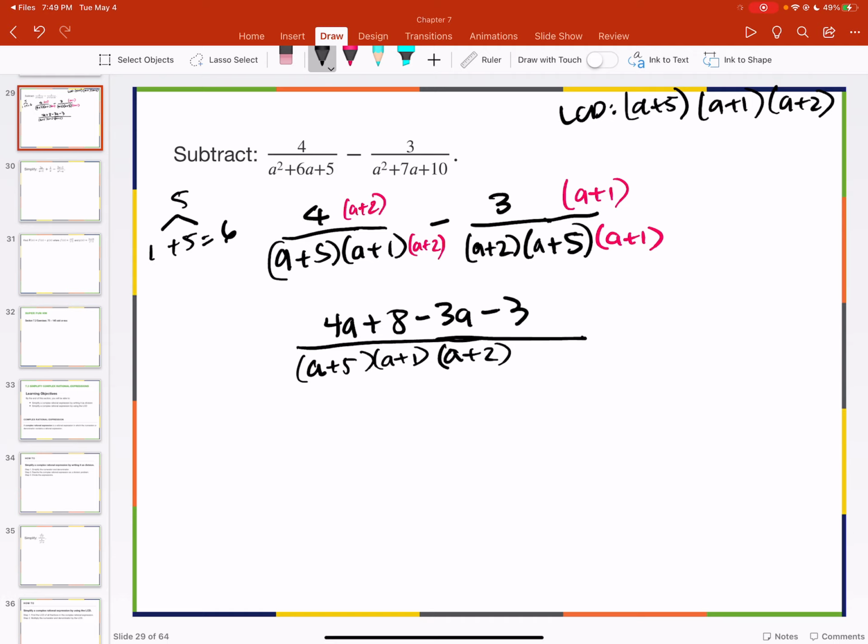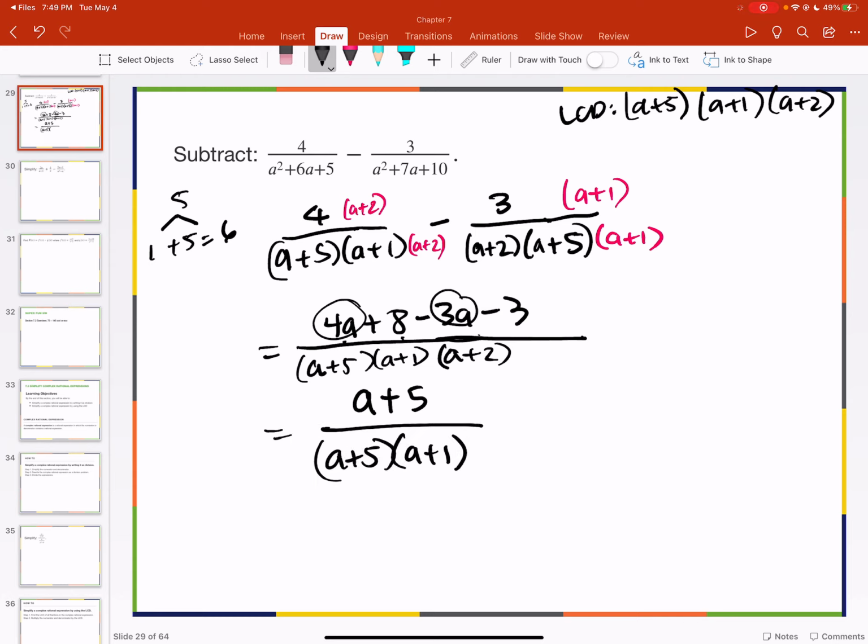So then 4a minus 3a gives me 1a, so just a. And then 8 minus 3 is 5, so a plus 5 over (a plus 5)(a plus 1)(a plus 2). Oh, wait a second. This is as if it was 1 times this, right? So these can cancel. Your final answer, 1 over (a plus 1)(a plus 2).